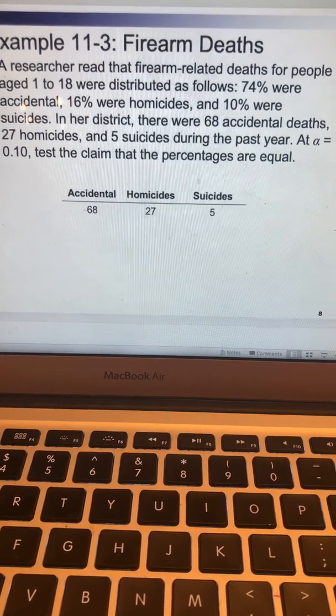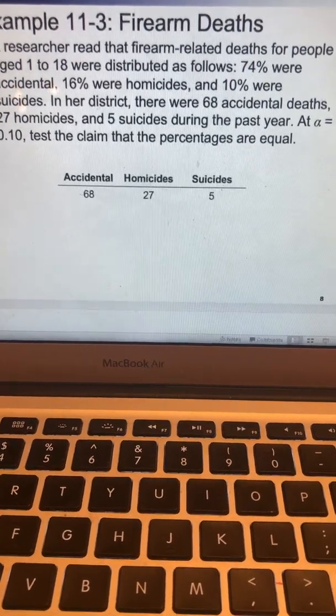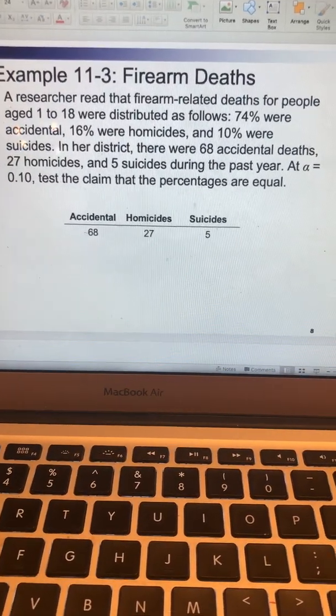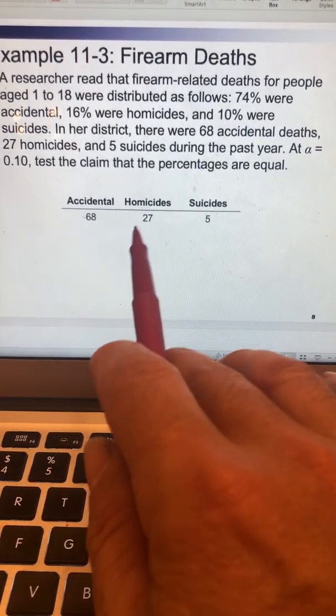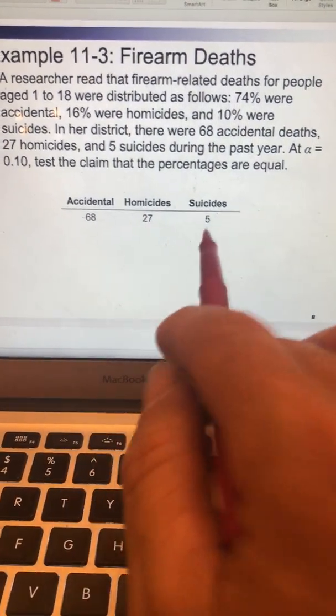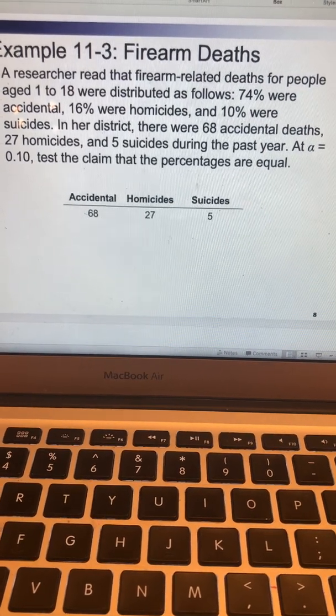So we're going to first have to figure out how large was the sample size here, because nowhere in the problem did it tell us how big the sample size was. So that's real simple. 68 plus 27, that's 95, plus 5 more. Hey, we're pretty lucky here. They took a sample of 100 people.